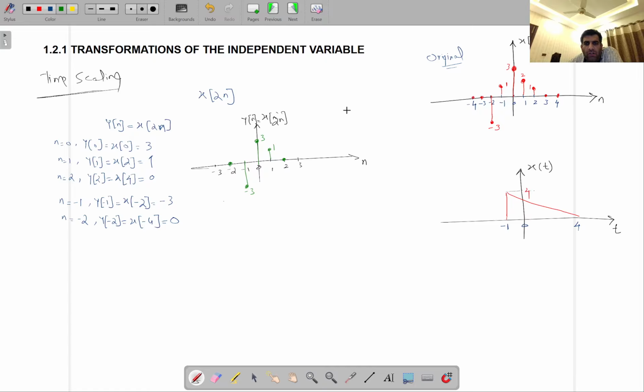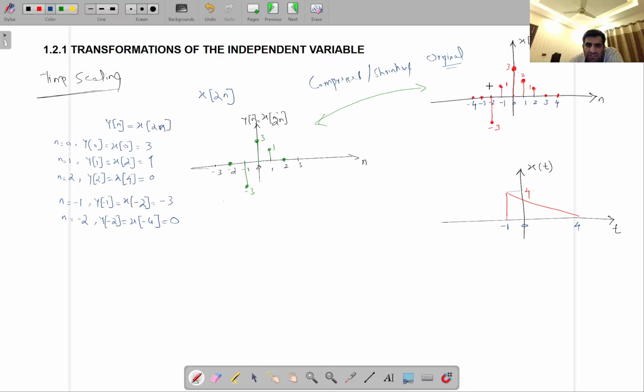If we compare these two signals now, the first thing we can quickly see is that this scaling, multiplying inside by some number, has actually compressed my original signal. This is basically the compression, or you can also call it shrinking. My original signal has shrunk 2 times.